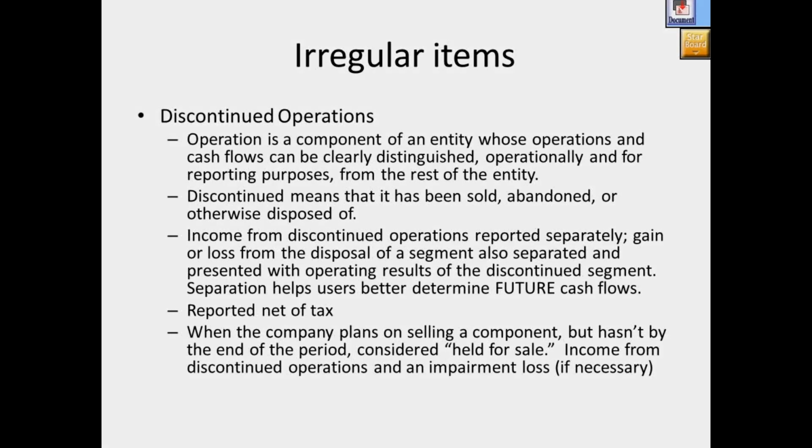So I have these two separate segments. I figure out how much income the segment I'm getting rid of produced this year, and then what happens when I sell off all the assets. Do I have a gain or a loss? And what about just the operations? All of those things together are going to be put in discontinued operations in a separate line item.